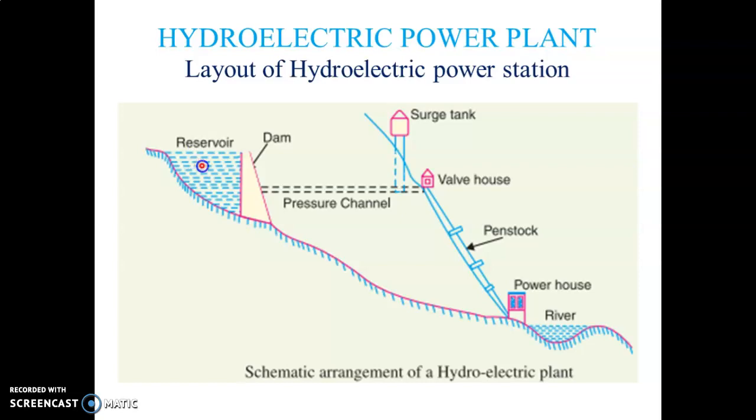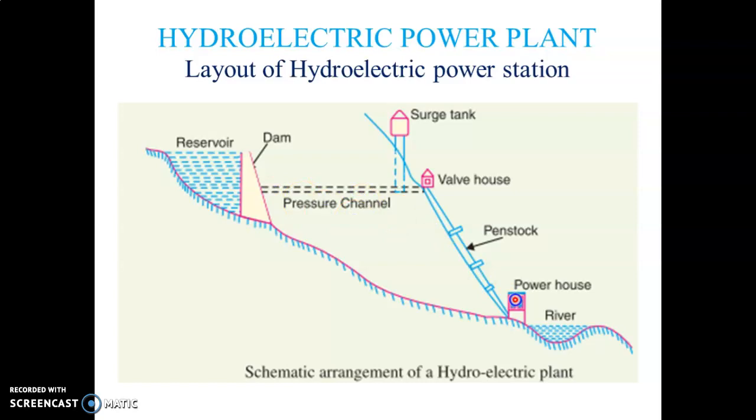The other element of the power plant is the penstock. The penstock is nothing but a tube which connects the reservoir and powerhouse. The main objective of the penstock is to allow the water to flow from the reservoir to the powerhouse.